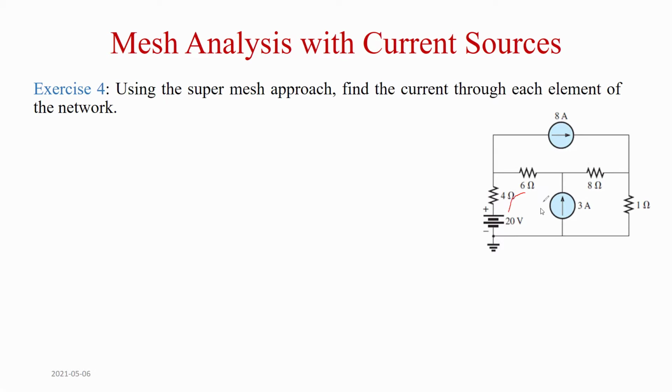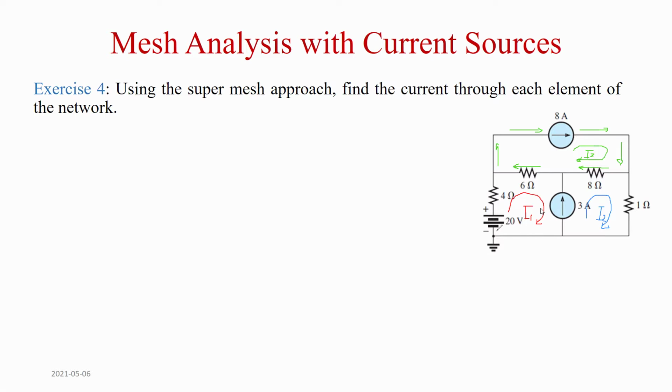So this is I1. Then this is I2. Then this is I3. So I3 goes here, here, and here, and here, and here, and here. This is I3.